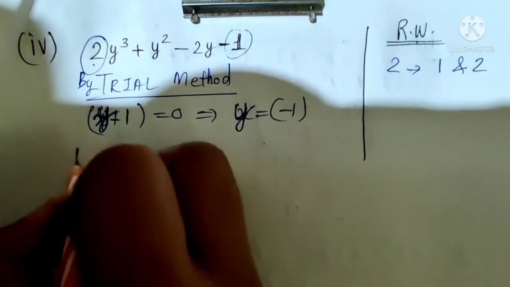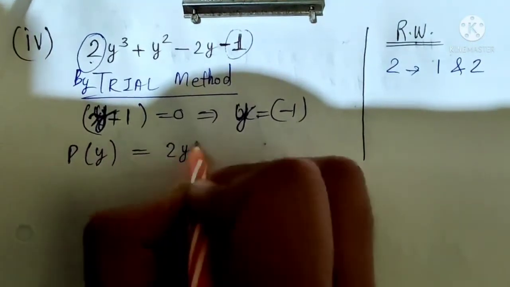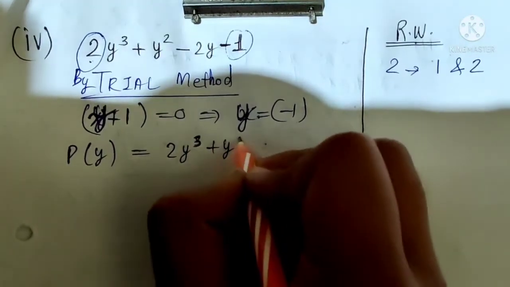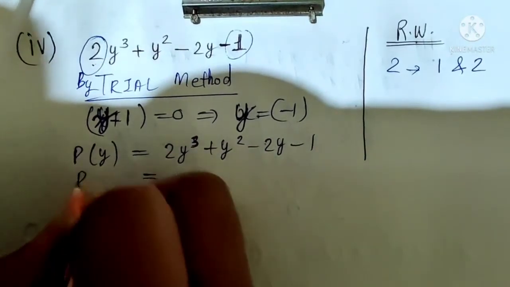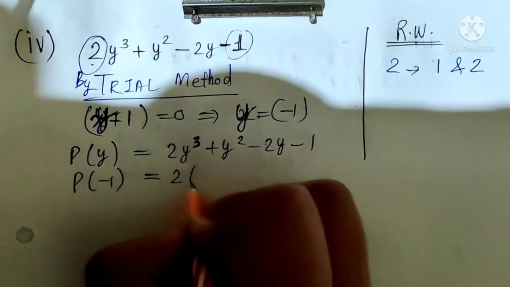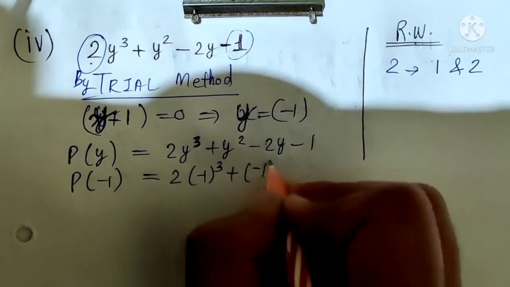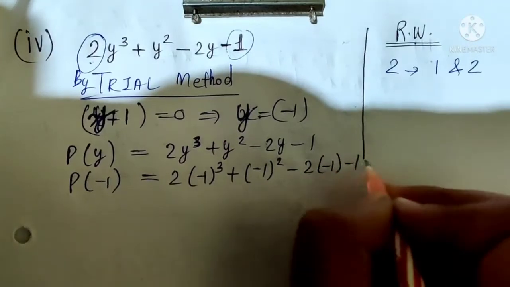Let's see. P(y) equals 2y cube plus y square minus 2y minus 1. So in place of y I am writing -1. Just check whether the value will come or not. 2 into (-1) cube plus (-1) square minus 2 into -1 minus 1.